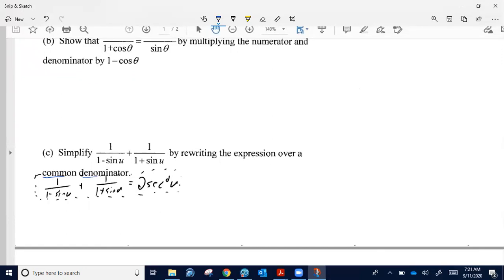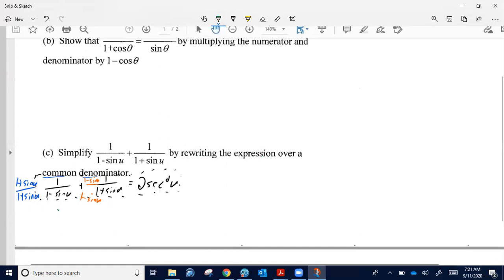So if 1 plus sine of u is the denominator on this right fraction, I need to multiply the left fraction by 1 plus sine of u on top and bottom. And if 1 minus sine of u is the denominator of the left side fraction, I need to multiply the right side fraction by 1 minus sine of u on top and bottom.